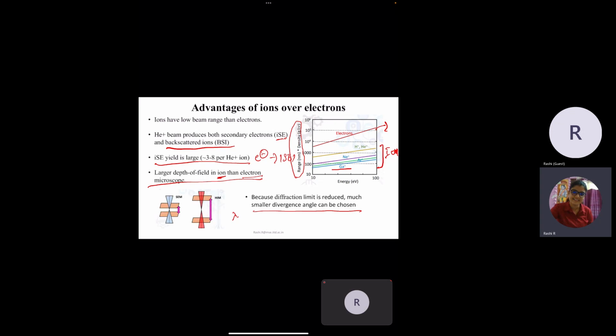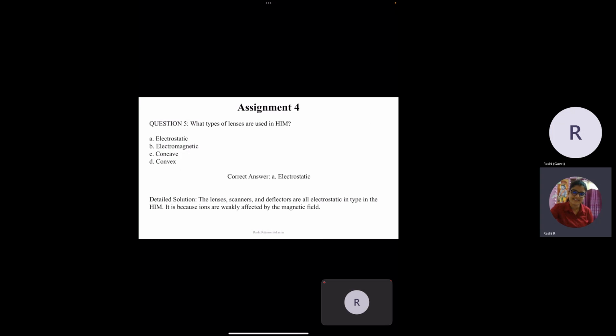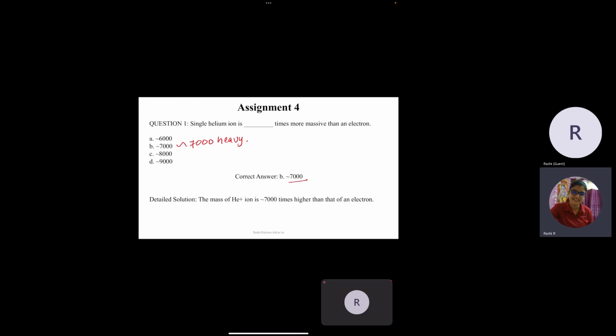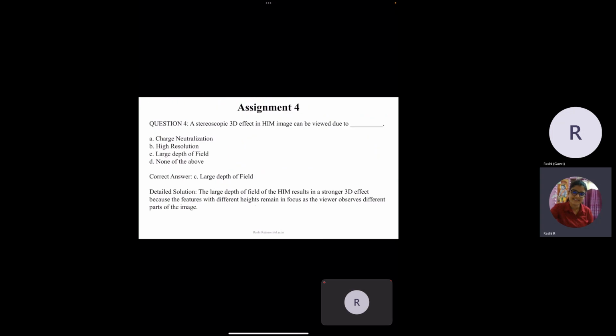Gallium has the least penetration depth or beam range because the atomic number of gallium is larger compared to any of these materials, thus it will have the least depth of penetration in any sample among these ions. We have also seen in this graph that gallium has lower range or depth of penetration.